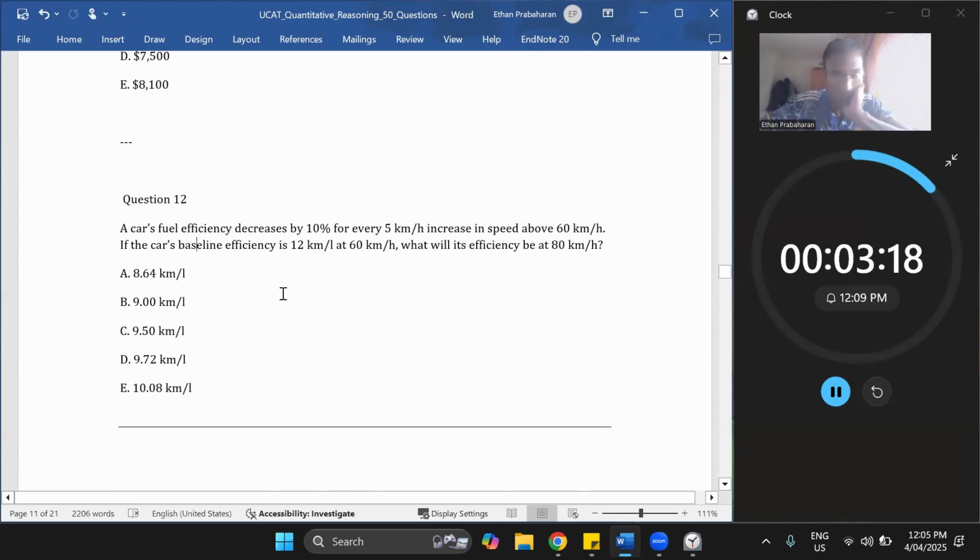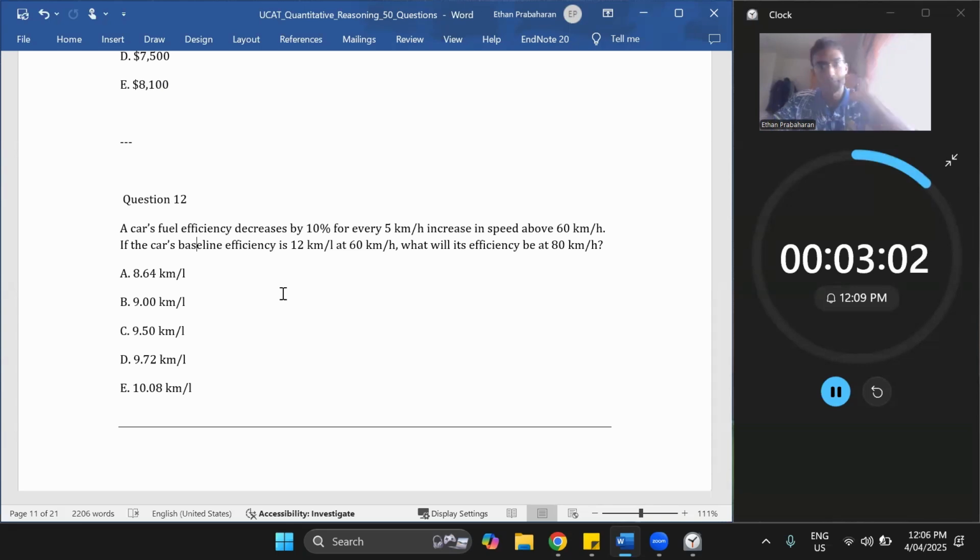Okay, 3 minutes. Car's fuel efficiency decreases by 10%. 12 kilometers an hour. Okay, let's just try this. All right, so if it starts at 12, then if you decrease it by 10%, it will go to 10.8.